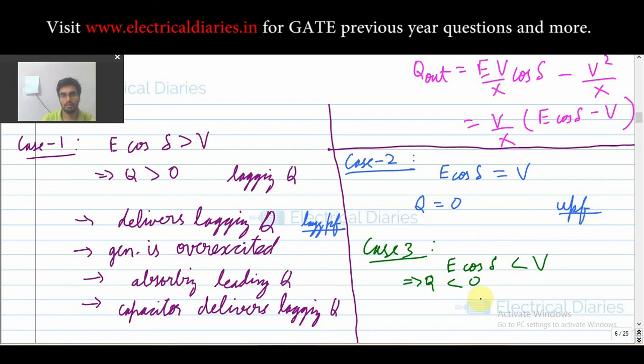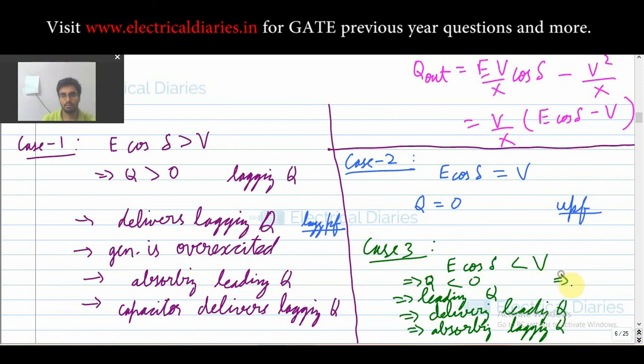Q negative implies leading Q, and since it is a generator, it is delivering leading Q. So it means it is absorbing lagging Q, so it is acting like an inductor, because an inductor absorbs lagging Q. And since Q is less than 0, leading Q, this means leading power factor.